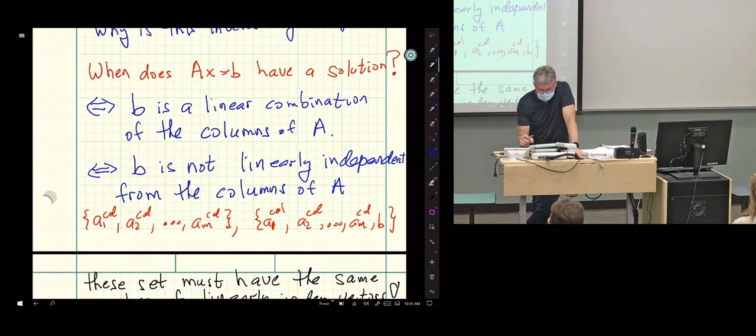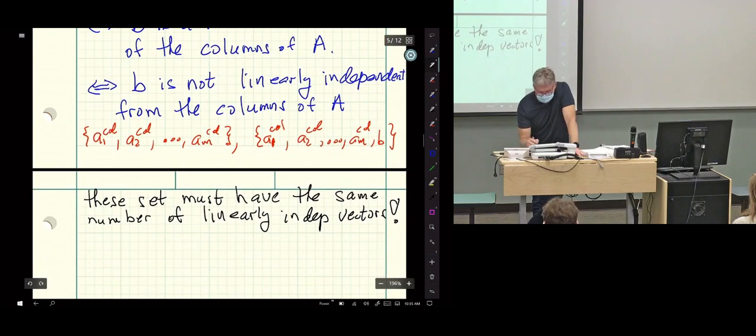AX equals B, so we need B as a linear combination of A. So that means I can build B from adding up these vectors. So if I'm looking at the number of independent vectors, this isn't getting me an additional one. They have the same number of linearly independent vectors.